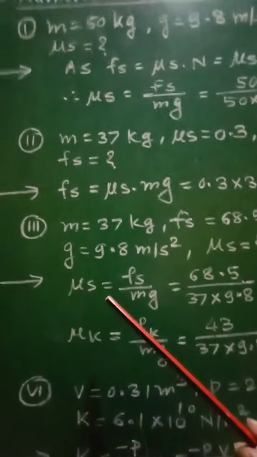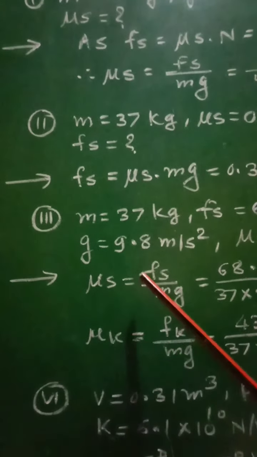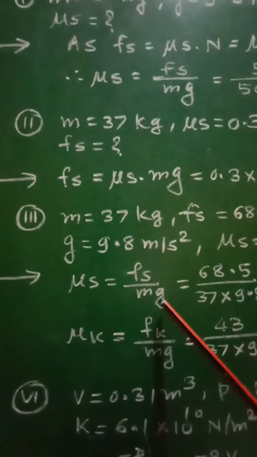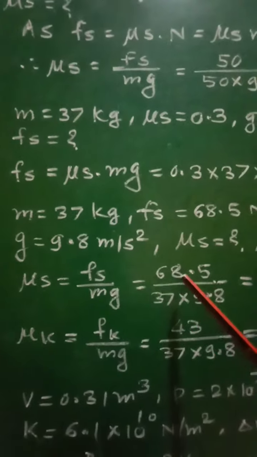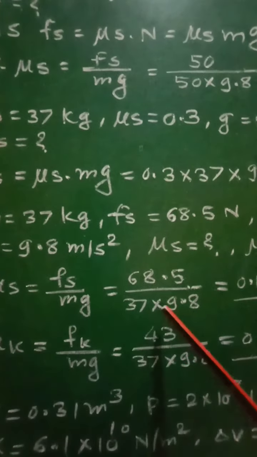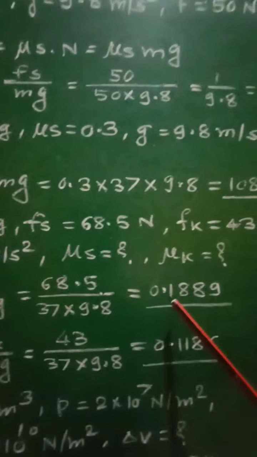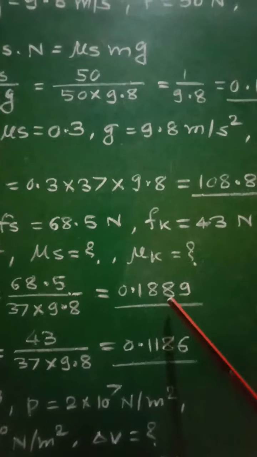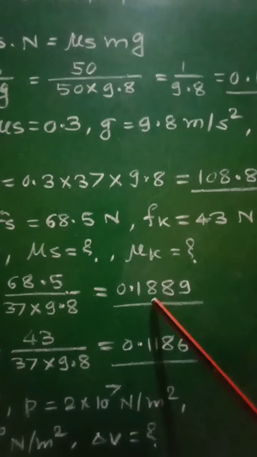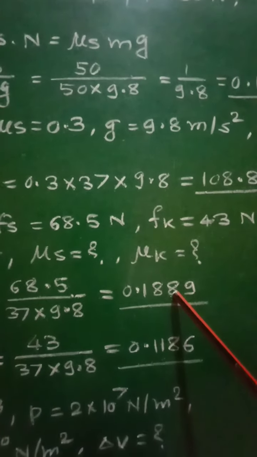We know the formula for coefficient of static friction mu s equal to Fs upon mg. Then putting the values we will get 68.5 upon 37 into 9.8. That comes out to be 0.1889, and this will be the value of coefficient of static friction.